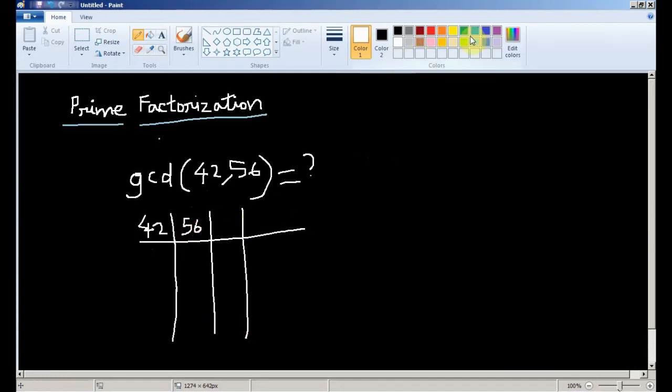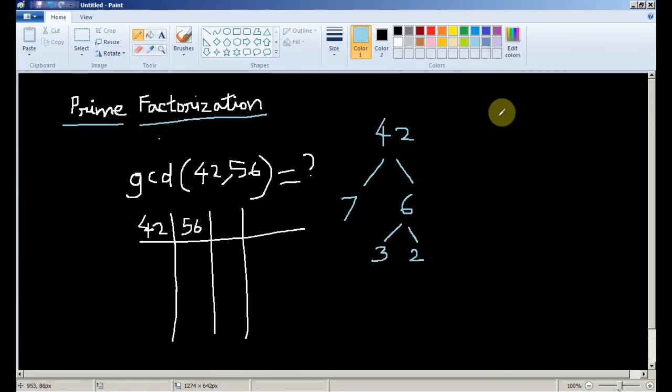Then list out 42 and find the factors. 7 into 6 is 42. 7 is a prime number, so leave it. 6 can be divided into 3 and 2. 3 twos are 6, so we can leave it because 3 is a prime number and 2 is a prime number.